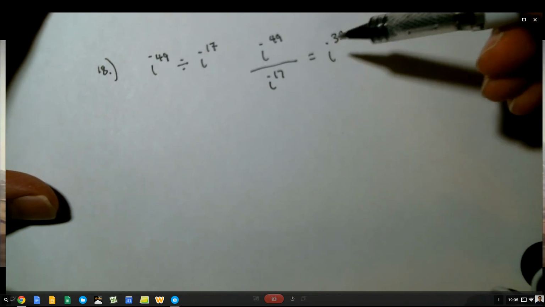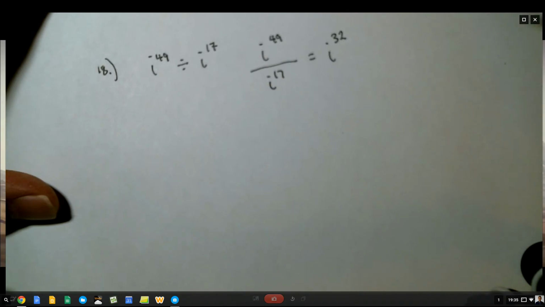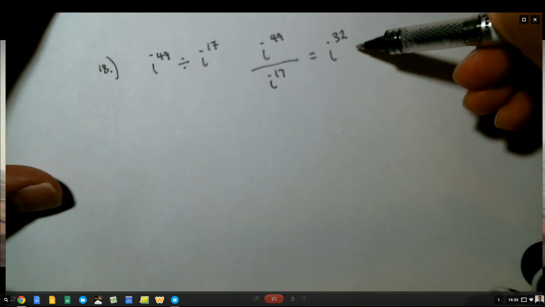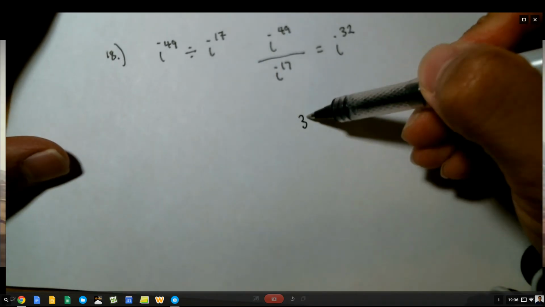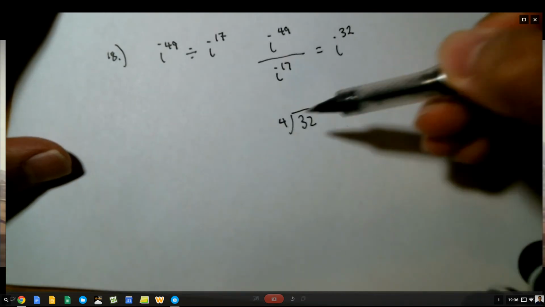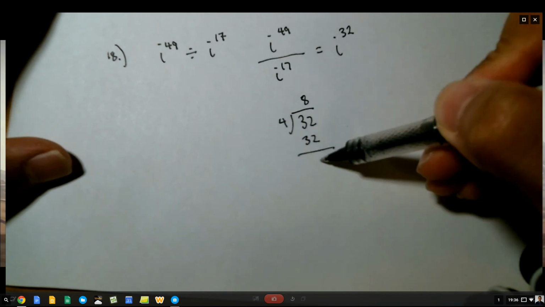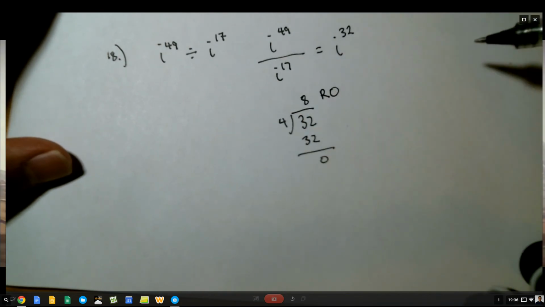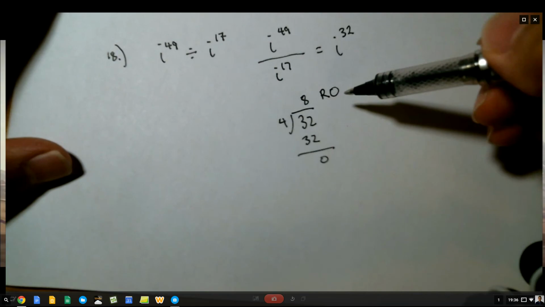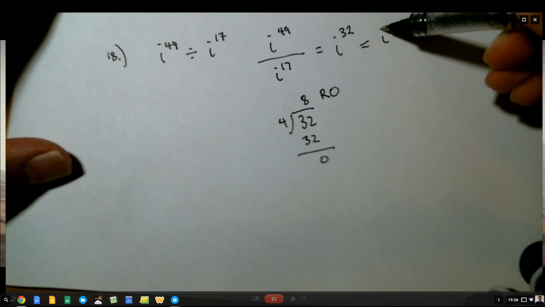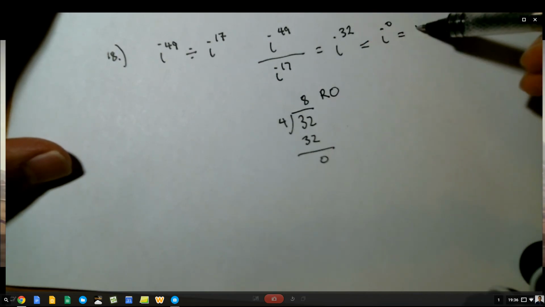So now i to the 32nd. Let's see, how do we simplify that? We have 32. Let's divide that by 4. Okay, we end up with 8. Remainder 0. So there's no remainder. And what do we say about no remainder? That's equivalent to i to the 0th power, which is equal to 1.